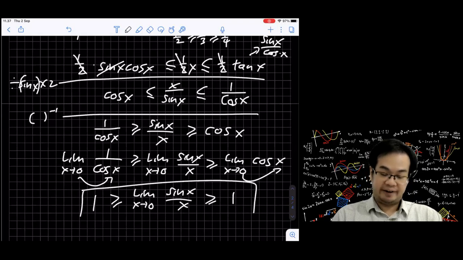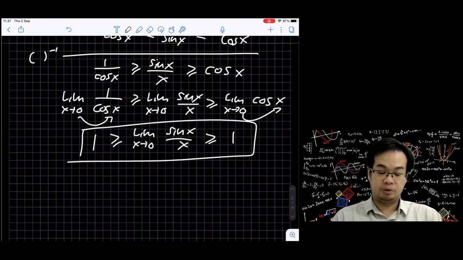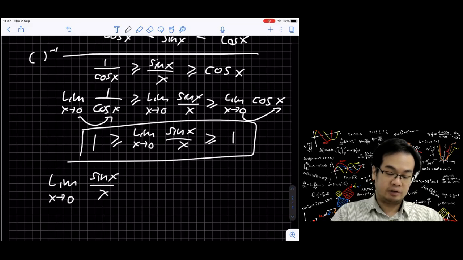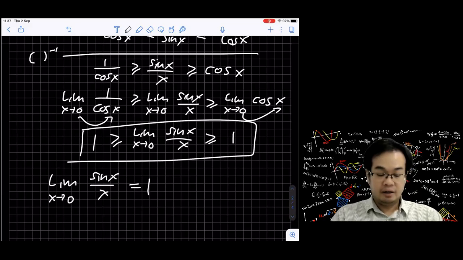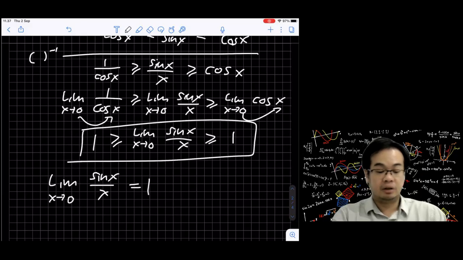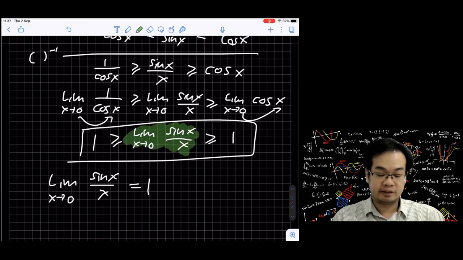Now this fact is actually allowing you to conclude that the limit of x approaching 0 of sine x over x is equal to 1. Why? Because there is no other feasible value for the limit of sine x over x as x approaches 0 other than 1.